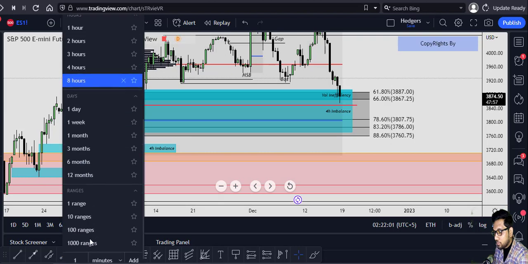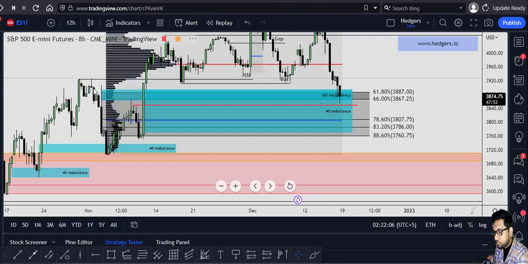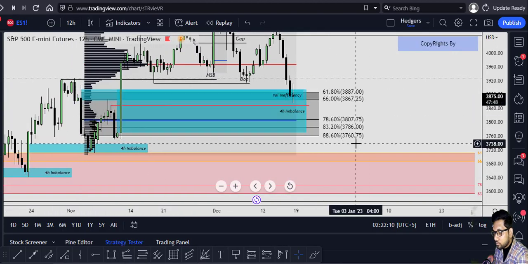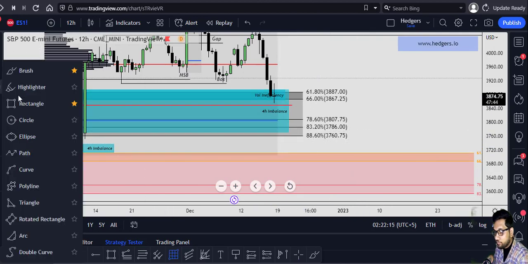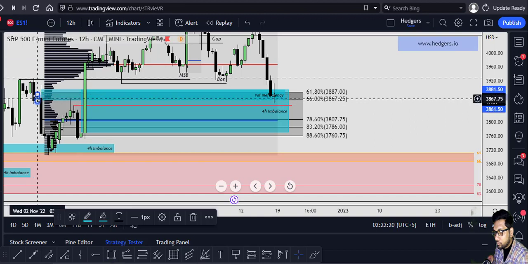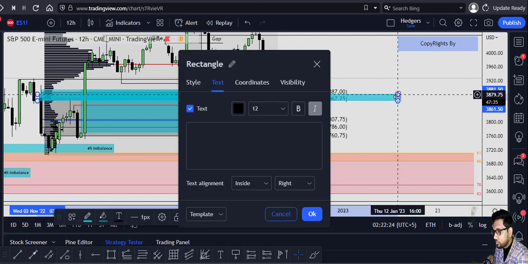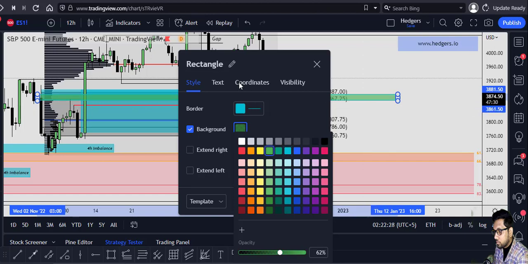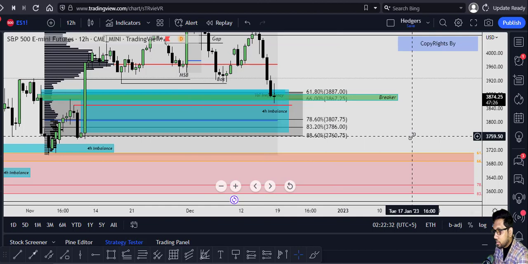Check it on 12 hours time frame. Yeah, we're having a breaker block here. This can be our breaker block.